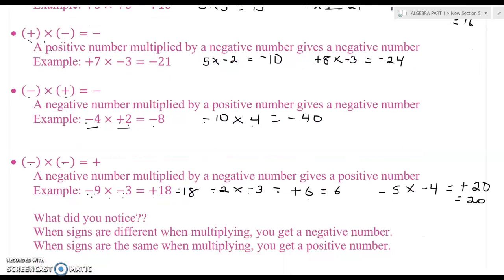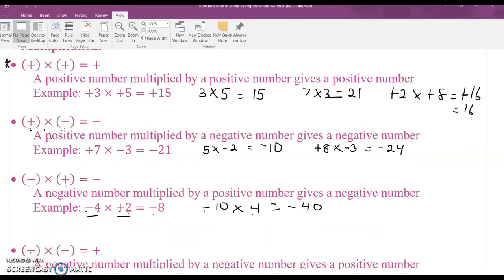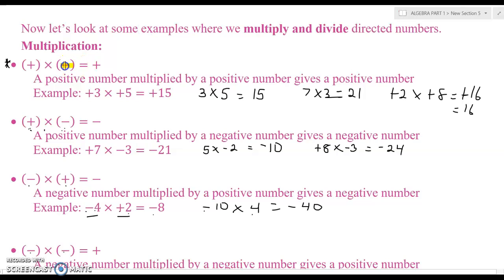So what did you notice? When the signs are different when multiplying, you get a negative number. When the signs are the same when multiplying, you get a positive number. So let's look at that a little bit more. When the signs are the same, meaning you have a positive times a positive, you're going to get back a positive number.